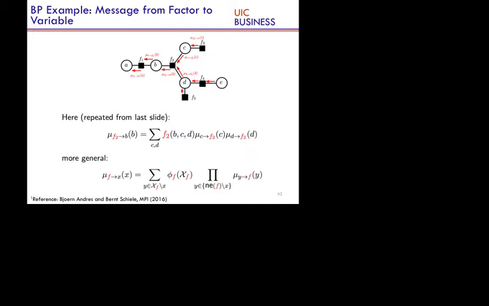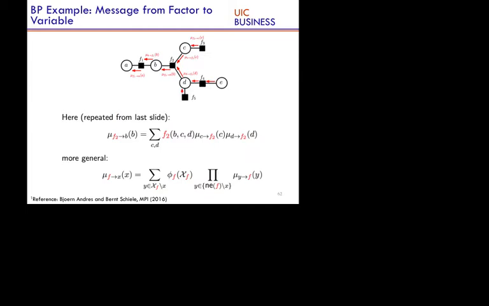So that's nu of c to f2 and nu of d to f2. In a sense, the computation that's happening here in terms of me trying to send a message to b is based on the factor that I already know and two messages that I've received from all the other variable nodes other than the one I want to send a message to, right?